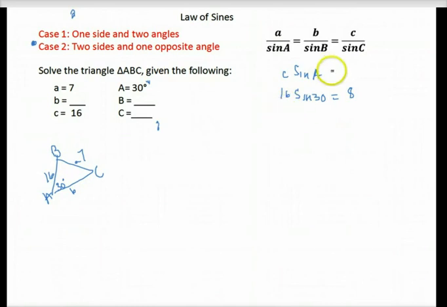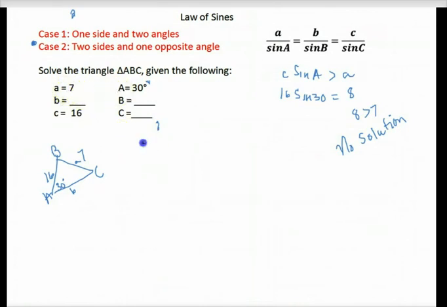The rule was that if that's bigger than our side a, then it's no solution, and notice it is. 8 is bigger than 7. So I would know right away that there's no solution and I don't need to go any further. Double check and make sure you didn't make an error first, but that would be the test.